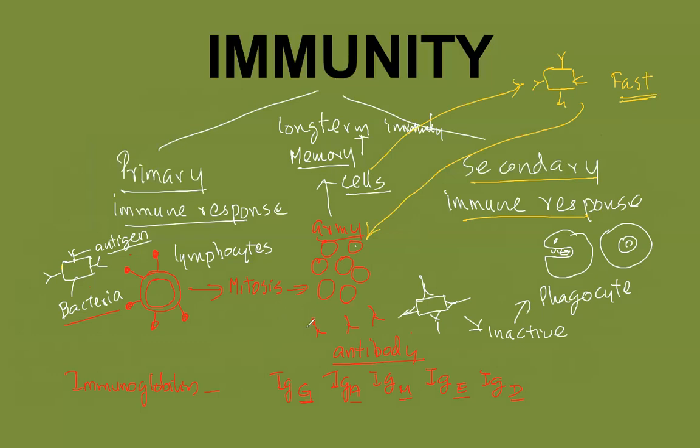Remember, antibodies produce the immunity. And the second time, the memory cells produce antibodies. So this is called primary immune response, and that's known as secondary immune response.